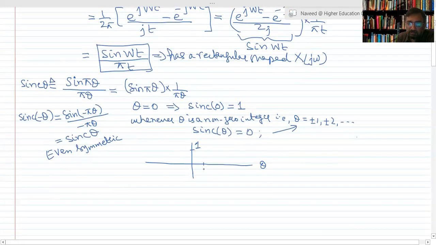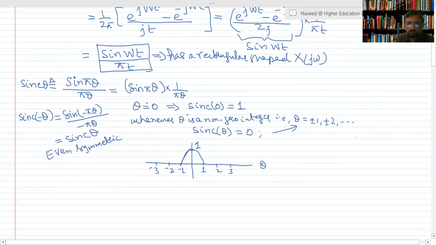At theta equal to plus 1, plus 2, plus 3, the function is 0. And between 0 and 1, it decreases from 1 and reaches 0 at theta equal to 1. And because of the evenness, the same thing happens on this side.